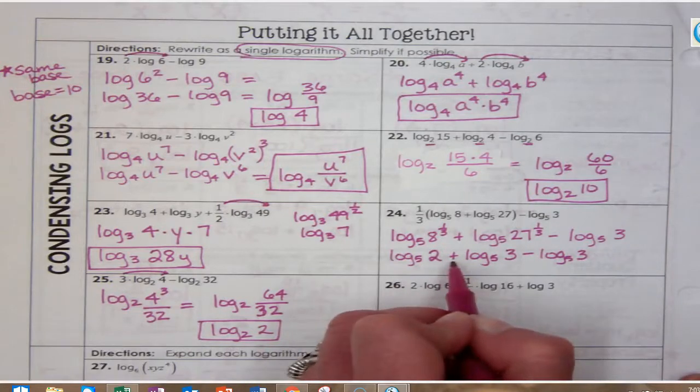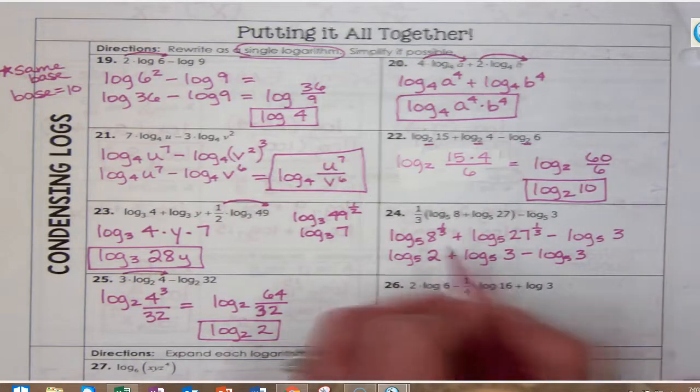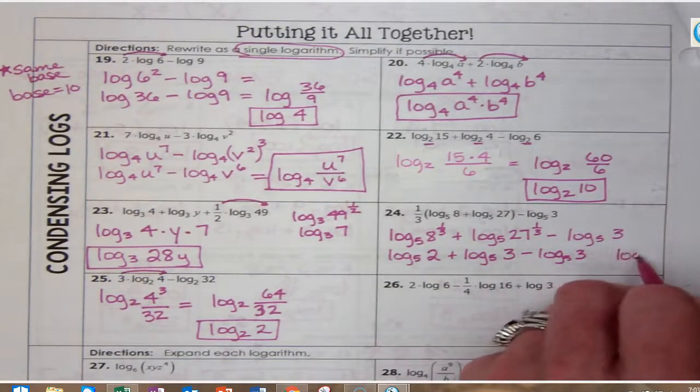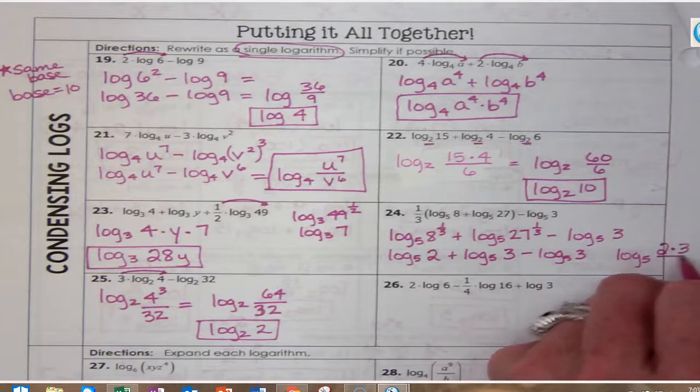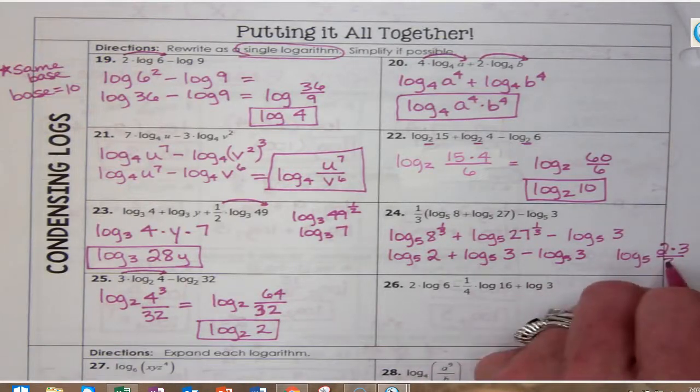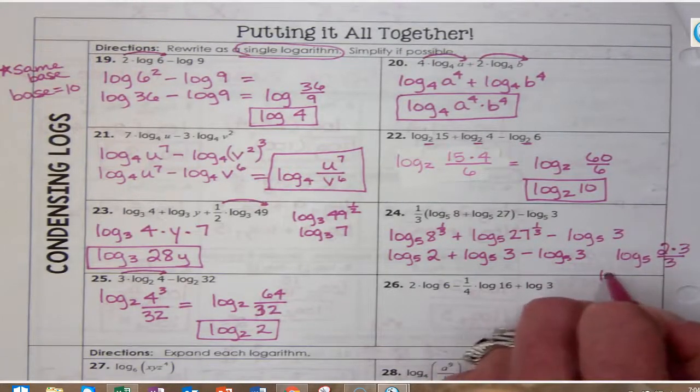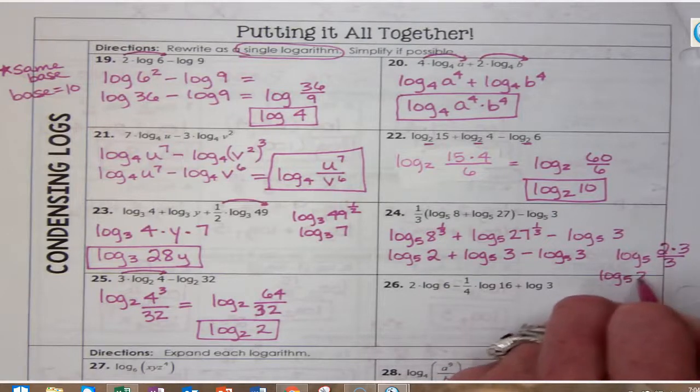So I'm adding, so I'm going to multiply those two. Log base 5, 2 times 3, divided by 3, you get log base 5, 2.